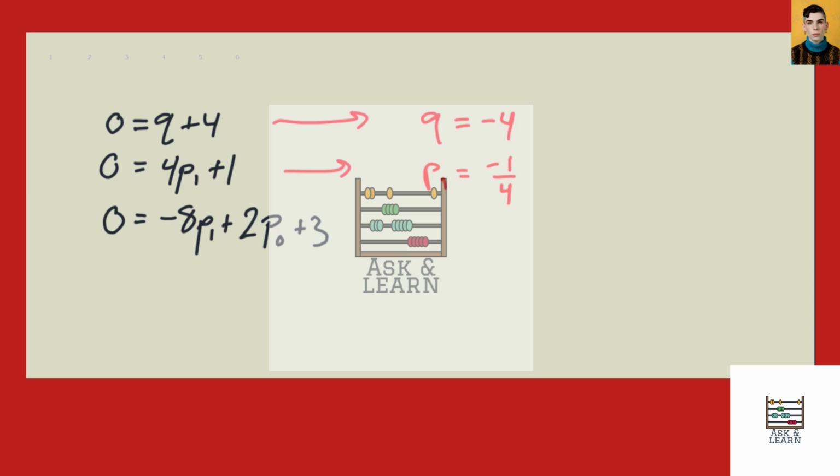And then we can put this value of p1 into the third equation to get 2 plus 2 p naught plus 3. Right, so this means we would subtract 5. So we get negative 5 is equal to 2 p naught. So that means that p naught must be equal to negative 5/2.